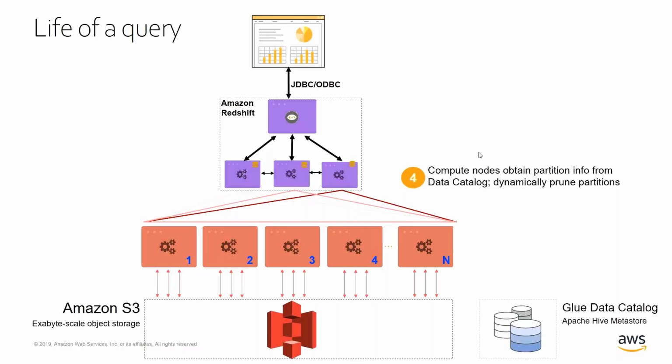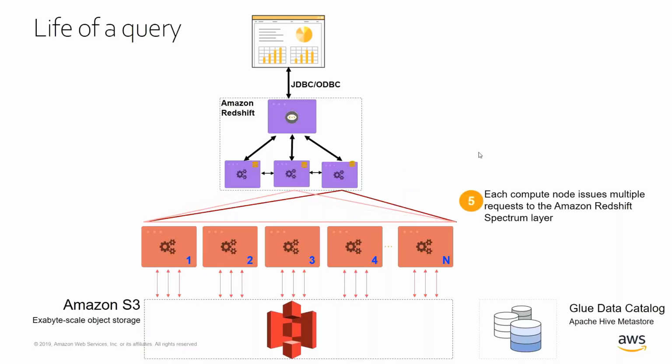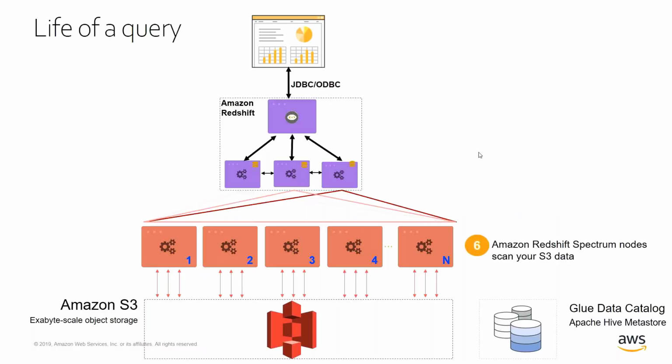Now the Spectrum layer knows that it has to query data sitting on S3, where it is sitting, how much data is actually sitting on S3, instructions like that, and it will scale accordingly based on how much data that you are trying to query.